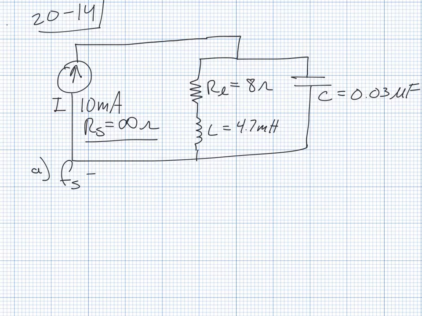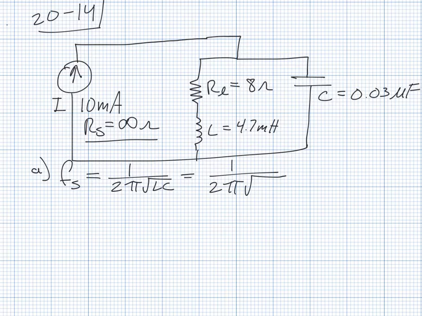So what we're going to do is we're going to use, again, the idea that we're going to calculate the equivalent series resonant frequency. All right, and that was 1 over 2 pi the square root of LC. All right, so we have all those values. We'll go ahead and plug those guys in.